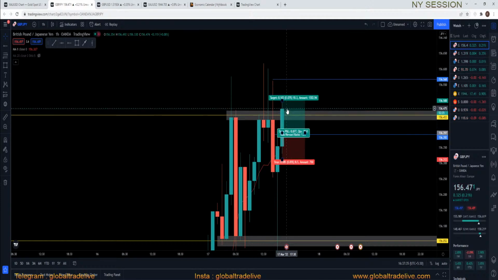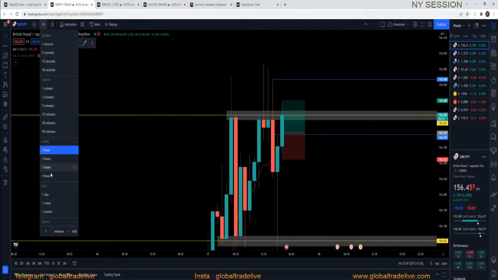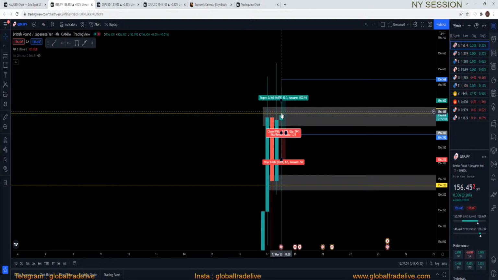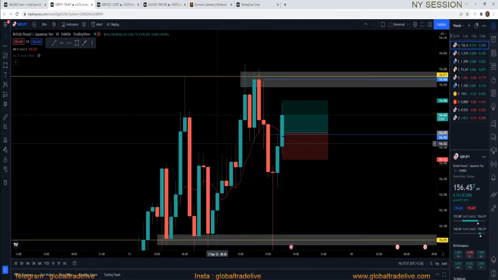If there is volume, there's no point in this 1 hour candle moving down again. It should move all the way up and fill all these wicks. If that happens, clearly this 4 hour candle will be a bullish candle to the upside. So that's the anticipation of this trade.